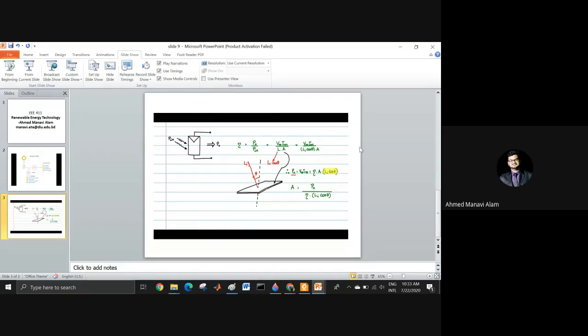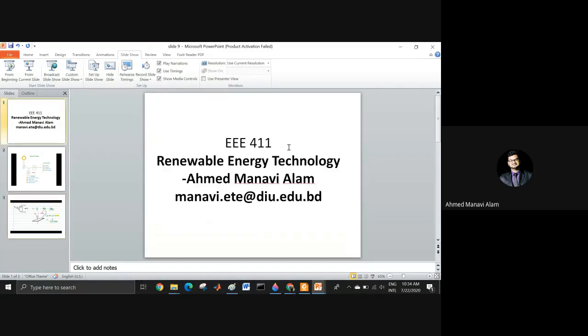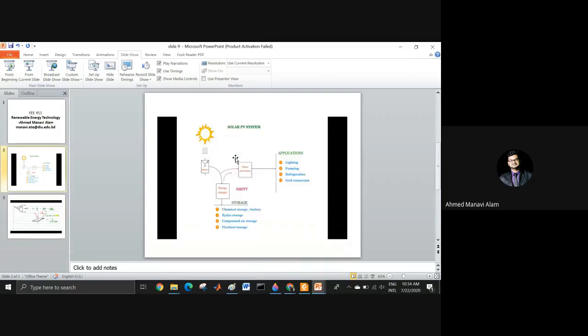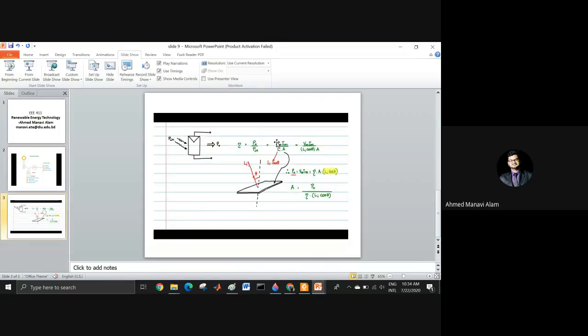If you remember, before we talked about the cell efficiency or module efficiency. Cell efficiency is the output power divided by the input power.